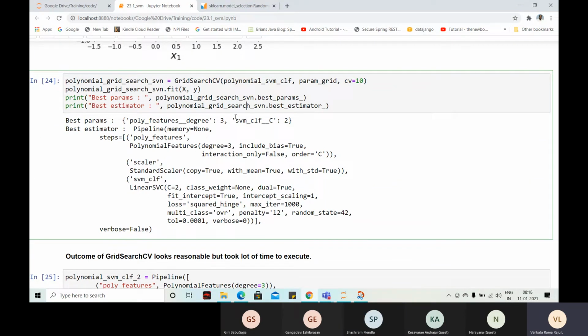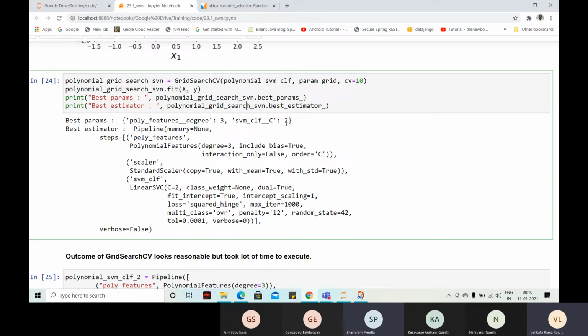If you already know the degree and C, maybe you can give a range between maybe 1 to 3 or 1 to 4 as the degree, and 1 to 3 as C, take maybe 100 values here and 100 here, then try RandomizedSearchCV with maybe 100 iterations, something like that. It depends. If you already know the range closest to the best hyperparameters, then randomized is good.